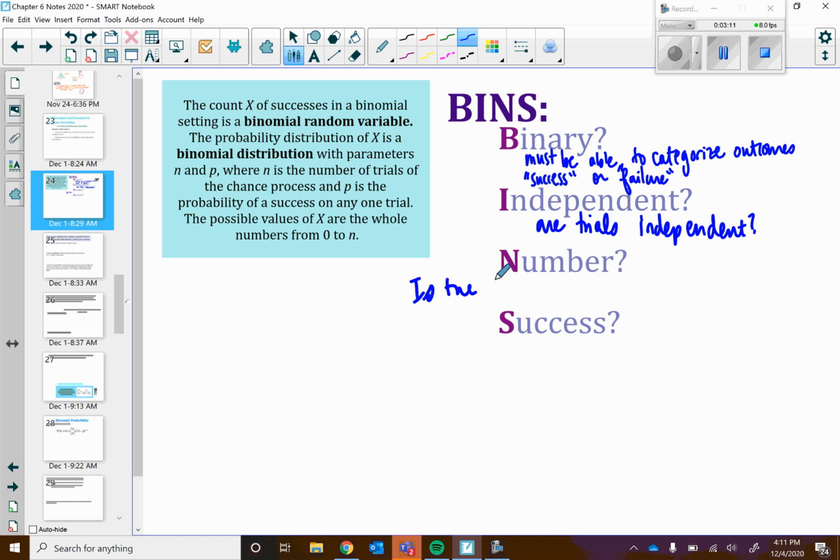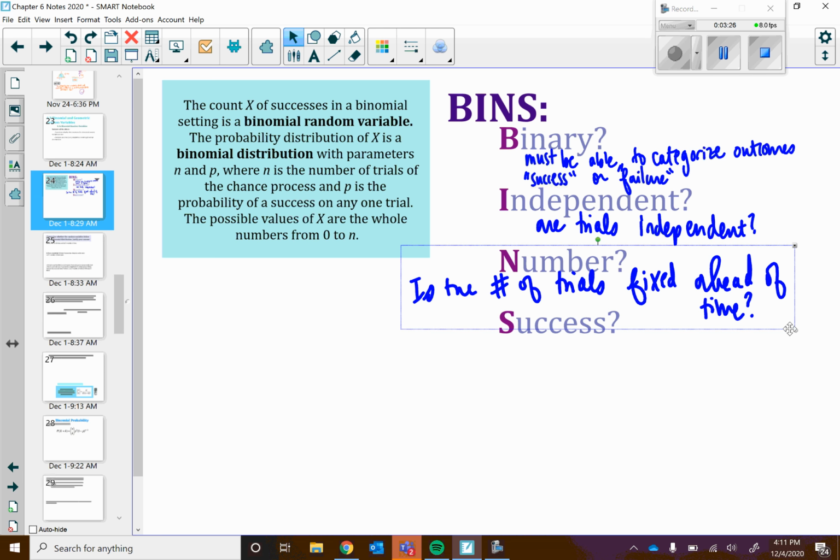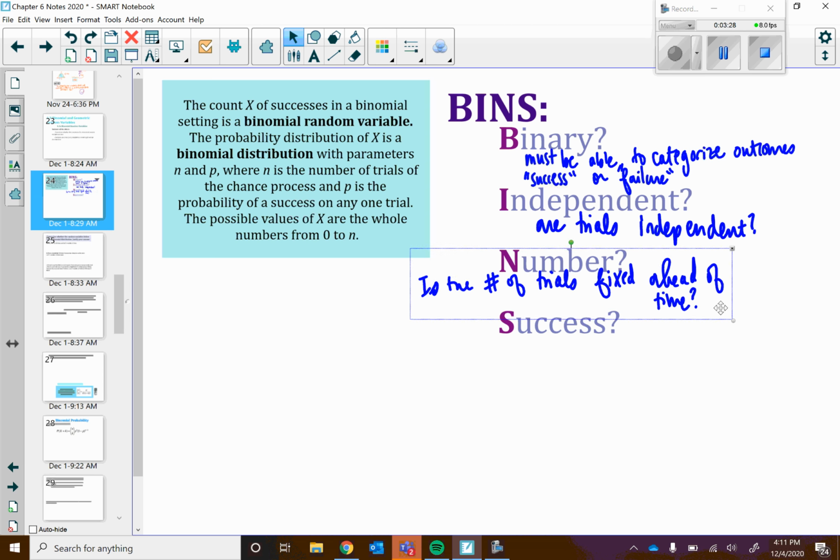Is the number of trials fixed ahead of time? If it is, then we're good. That's a binomial random variable. It has a fixed number of trials.